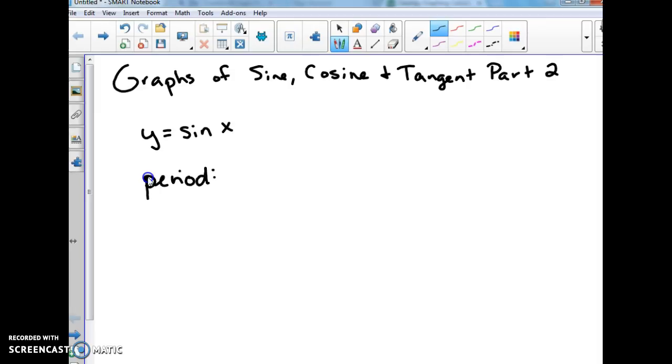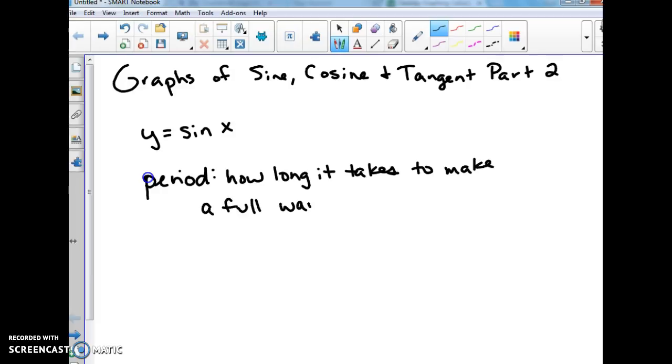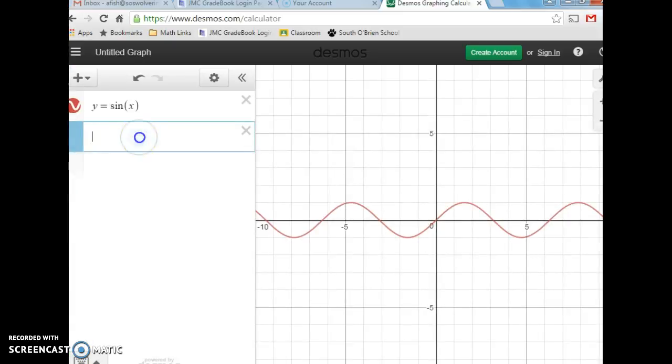So the period length, that is how long it takes to make a full wave. Okay, let's look at when this is changed.